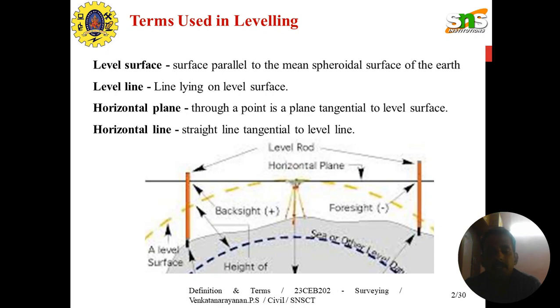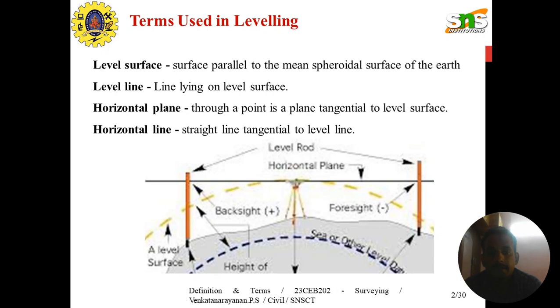The surface of the earth is considered to be spherical in shape. It is not a flat surface, it is a spheroidal or spherical shape. So if you keep the instrument on the spherical shape, there are different imaginary lines drawn so that the process of leveling is established.